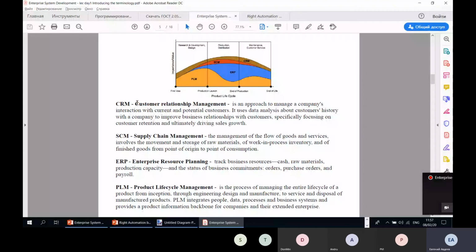So if we have lots of processes connected with some selling, with the work of customers, with agreements, we have to use this system.